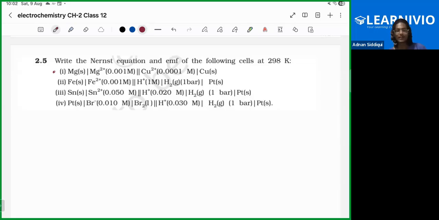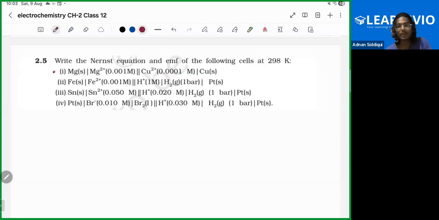Nope, oxidation. What is happening here? This is your anode. It is converting from solid to aqueous, so it is losing electrons. This is your salt bridge. And on the right hand side, you have the cathode where you will observe reduction.